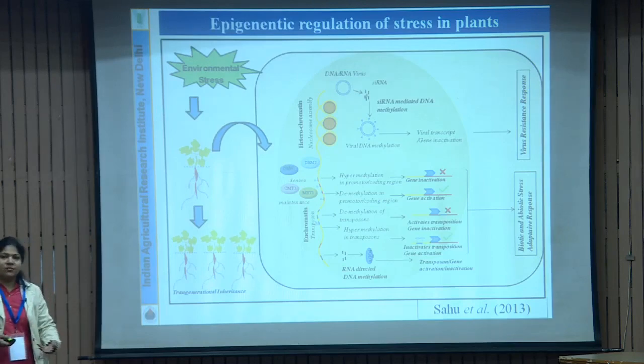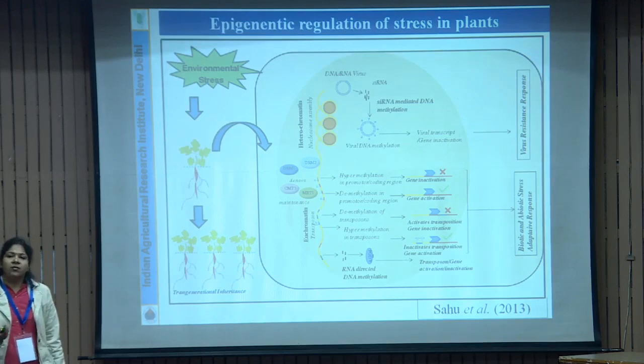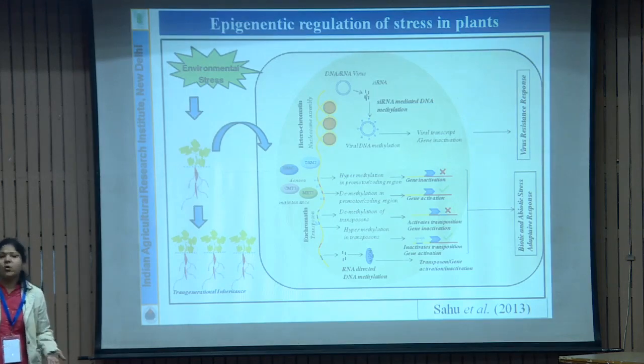That is a kind of epigenetic change, or demethylation or activation of genes which are involved in defense. That may help the plant in more expression of genes which respond to the defense against those pathogens. So, such kind of phenomena may happen.